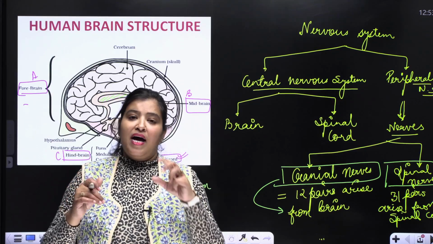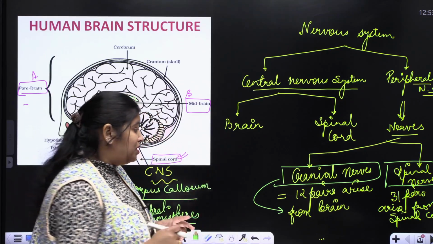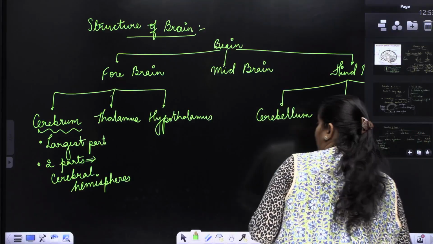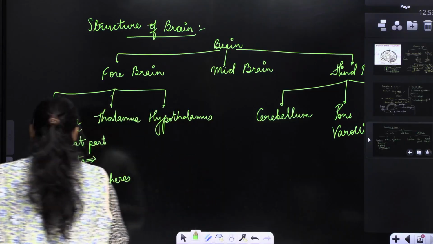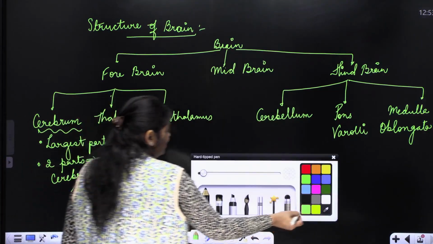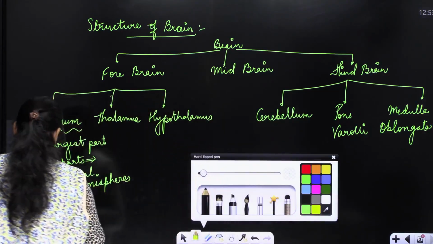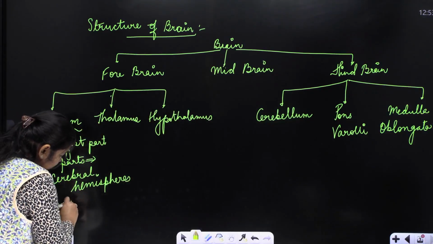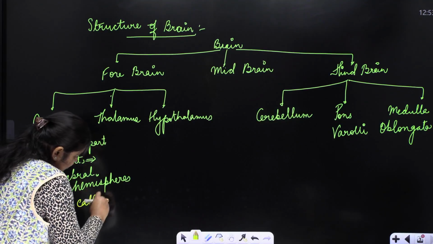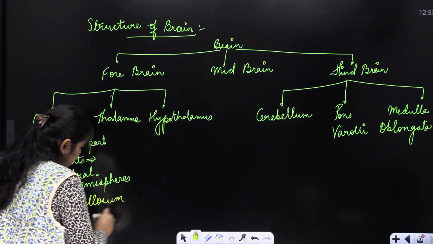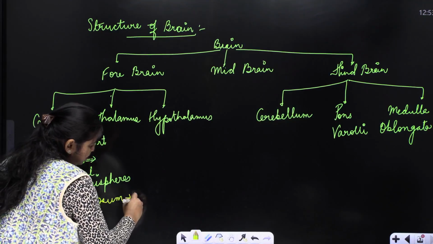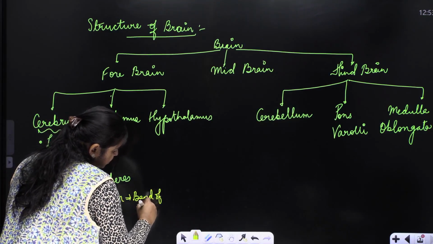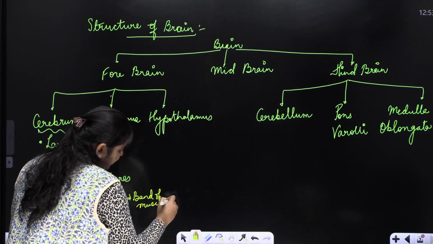The cerebrum is divided into two cerebral hemispheres, joined by the corpus callosum. I hope I'm clear till here.